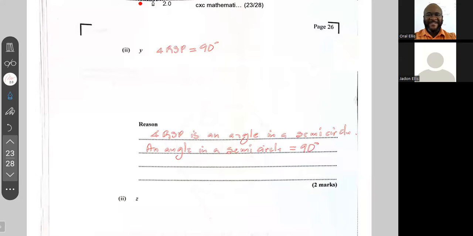You didn't have to. So if that angle is 90 degrees, then y plus 90 plus x is equal to 180 degrees. They are the interior angles of a triangle.